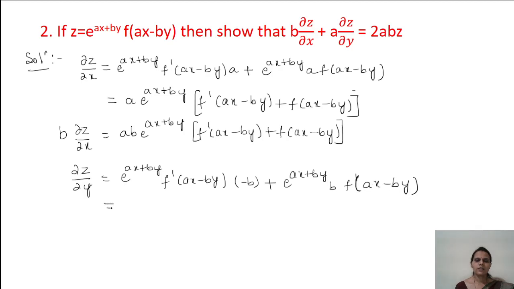So now this is equal to b into e power ax plus by common. So take outside b into e power ax plus by into minus f dash of ax minus by plus f of ax minus by. This is dou z by dou y.